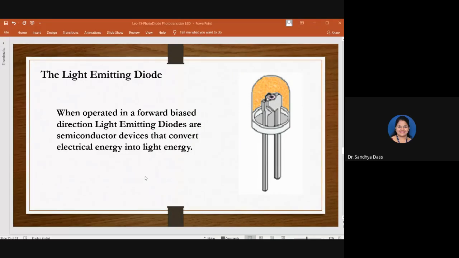So LEDs, or light emitting diodes, as they are commonly known, are basically just a specialized type of highly doped diode. They have similar electrical characteristics to the normal PN junction diode we are familiar with.